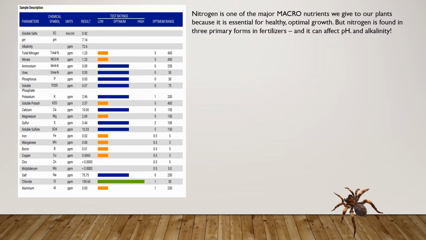But nitrogen is found in three primary different forms in fertilizers, and the form that that nitrogen is in can actually affect our ability to control our pH in both our nutrient tanks and in the grow medium. So let's look at those three different types of nutrient.